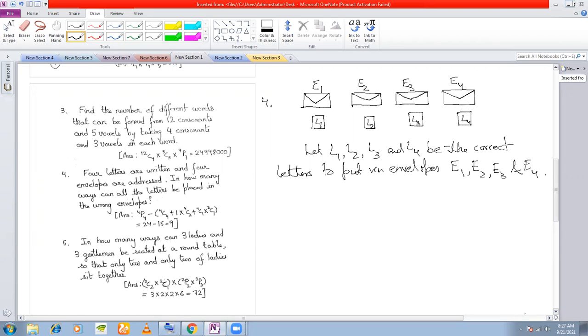Now you see the question, in how many ways can all the letters be placed in the wrong envelopes? That means what is the number of ways in which L1 cannot be put in E1, L2 cannot be put in E2, L3 cannot be put in E3, and L4 cannot be put in E4. Okay.